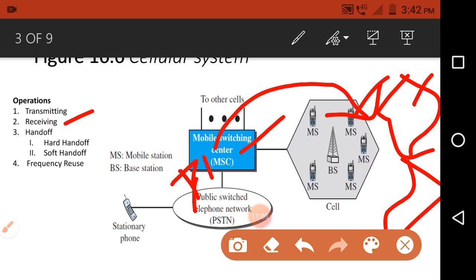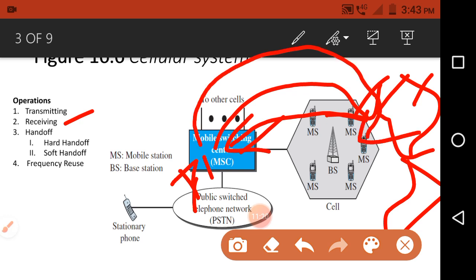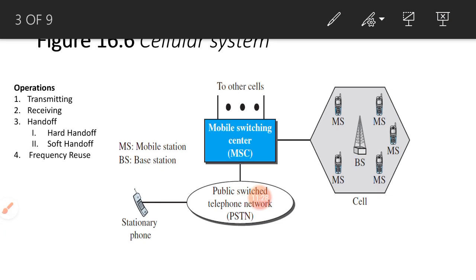If the mobile station responds to that ringtone, the mobile switching center allocates the specific channel to that mobile station. So that is what we call receiving.